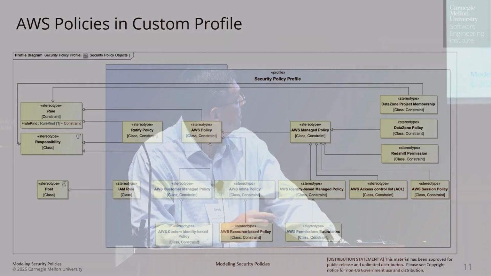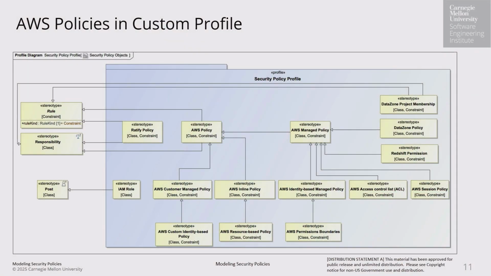So when it comes all the way to the custom profile, you have the AWS policy, AWS managed policy, right? And then Redshift permission over there. The chances are you will have an Oracle policy, an Oracle managed policy, an Oracle DBMS permission over there as well, if you have to embrace that type of variety of various platforms, right?